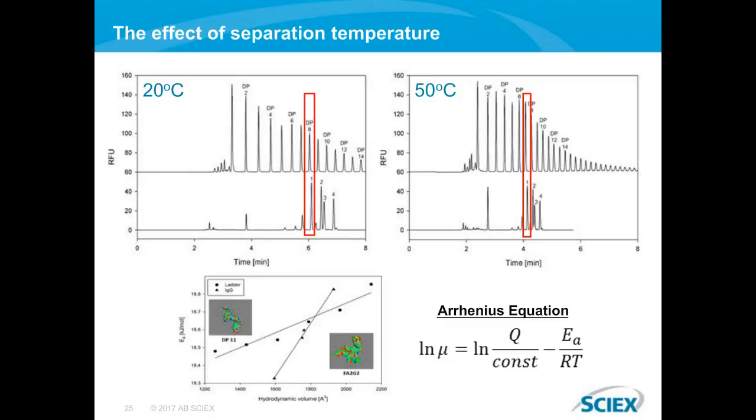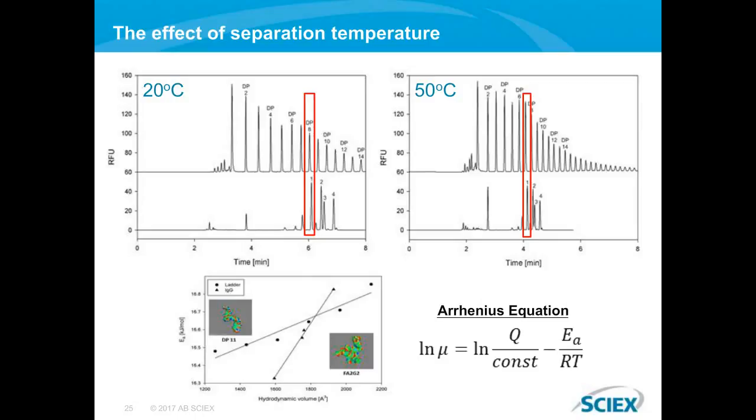If we do the same thing at 50 degrees centigrade, which is 30 degrees centigrade higher, I understand, but as one can see, it migrates close to the 7-mer. So it's a 1 glucose unit value change. And of course, you can't expect a 30 degrees centigrade increase with any of the systems, but a couple of degrees of centigrade you definitely have.